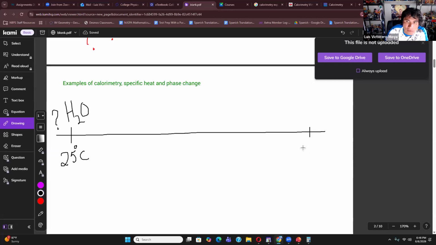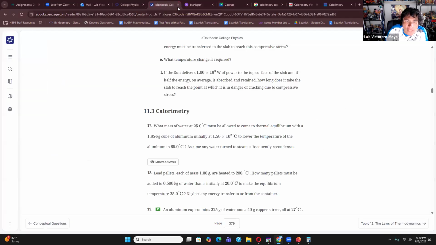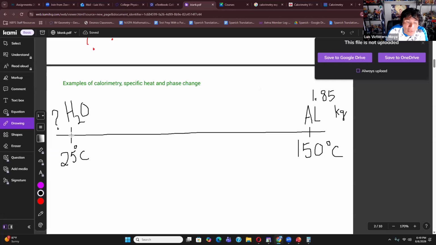So around here, this is aluminum, 1.85 kilograms, and it's going to go to equilibrium at 65 degrees. So it's going to raise quite a lot. So it's probably not a lot of water.